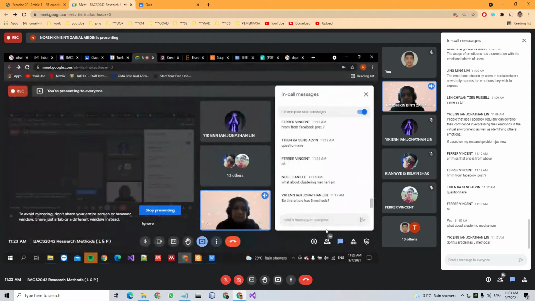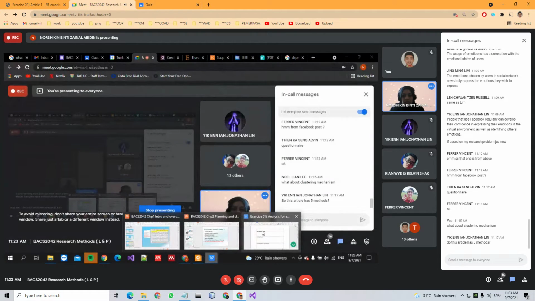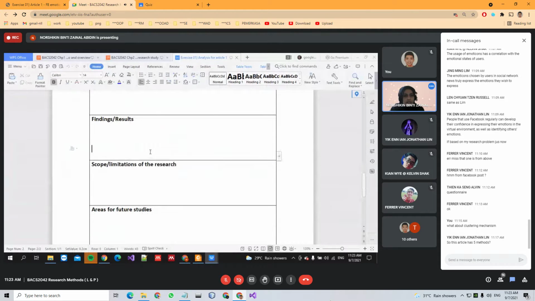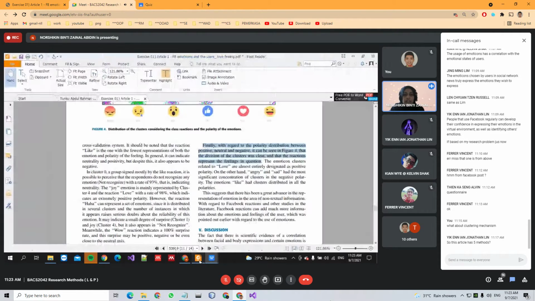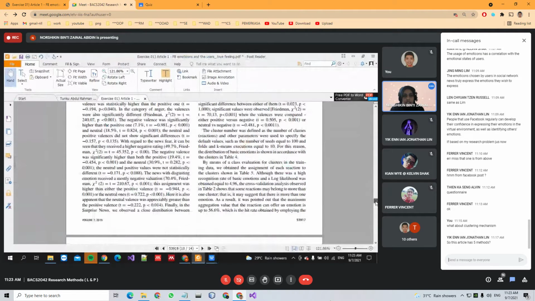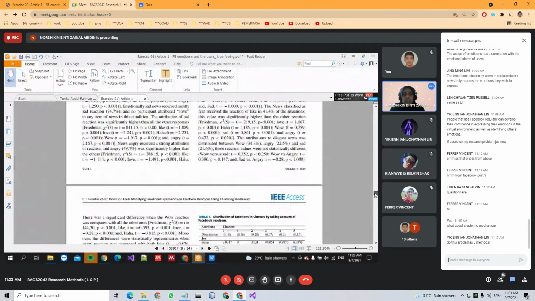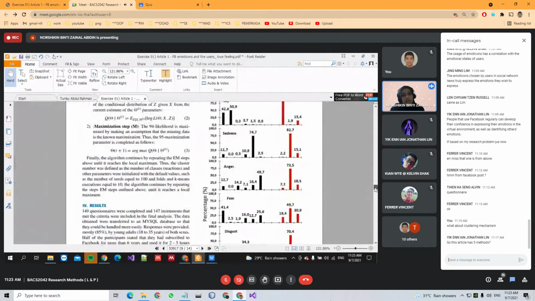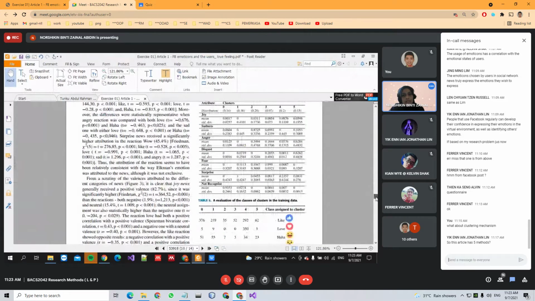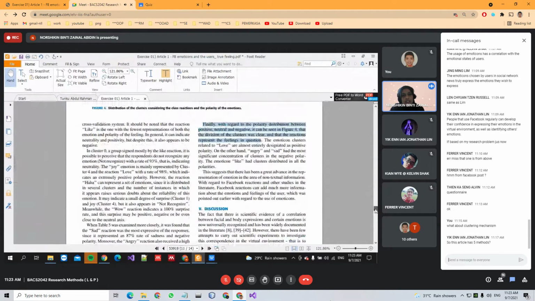So from this part, they ask us the finding or result. They already come out with the result, and then they state the result from the analysis. And what I can see in the last section here is the reaction.